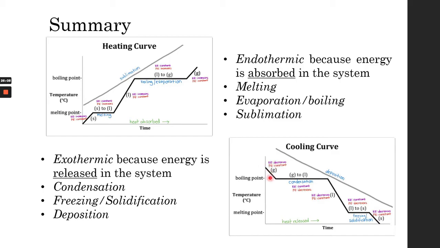And then it reaches the boiling point, or the condensation point, wherein the gas starts to change to liquid. So the heat that is being released here is causing the potential energy to decrease, resulting in gas turning into liquid, and the kinetic energy here is constant until it reaches point C, wherein all the particles here are now liquid.